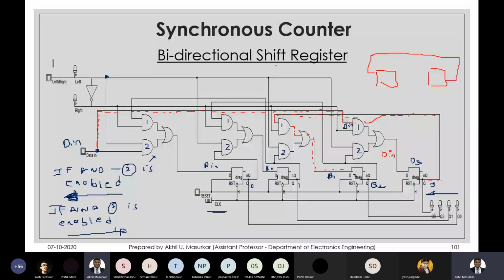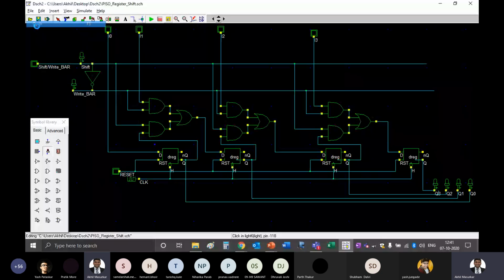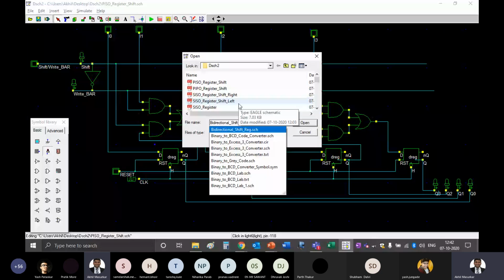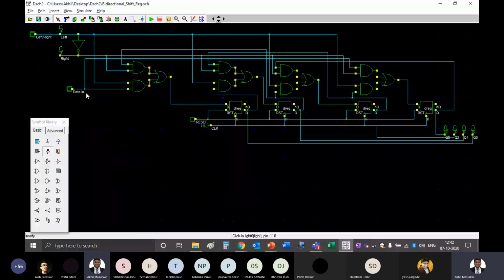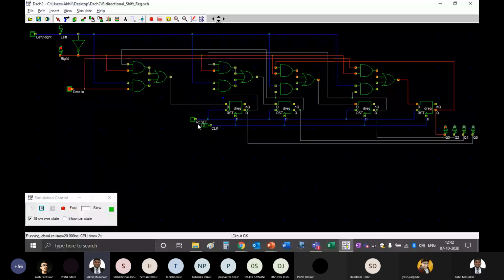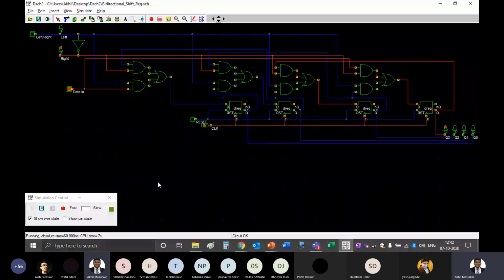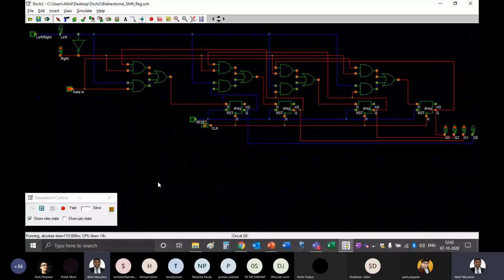Let me open the digital schematic for it and let's try to find out. This is my bidirectional shift register. I'm giving the data here. I'll reset this. You can see that data is coming from Q3, then Q2, then Q1, and then Q0.